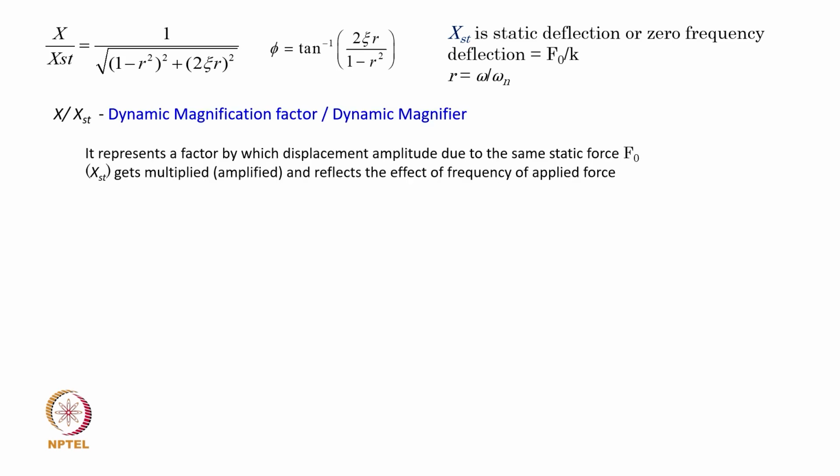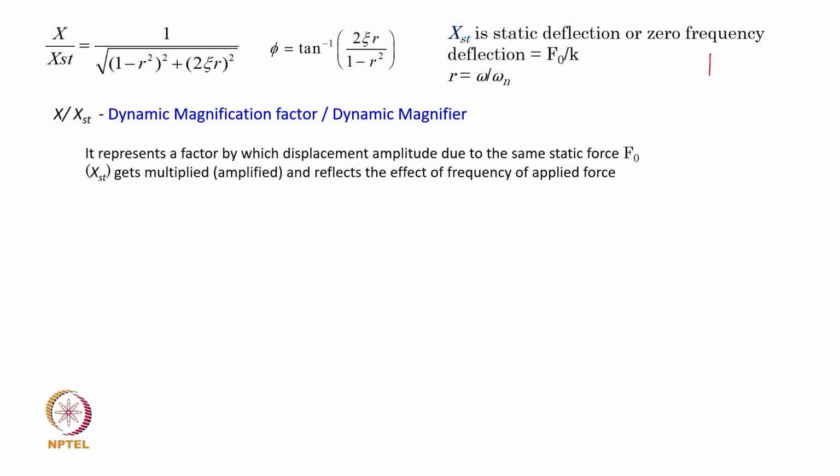Now, this ratio x over xst is called the dynamic magnification factor or a dynamic magnifier. It actually represents a factor by which the displacement amplitude due to the same static force F naught gets multiplied, mostly amplified, and reflects the effect of frequency of applied force.